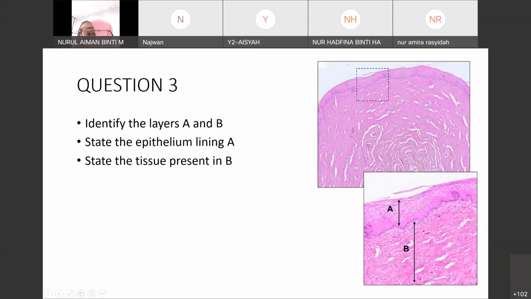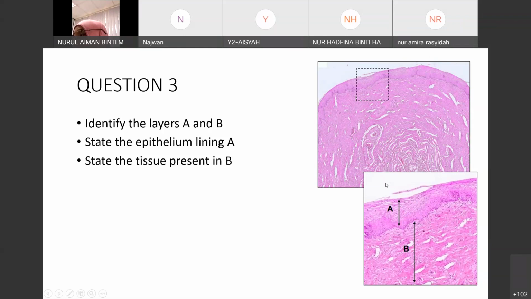Identify the layers A and B. We enlarged this since the exam is online, so it's quite difficult. Usually if the exam is face to face, we give you slides so that you can go through the rest of the slide and enlarge into the higher power field.